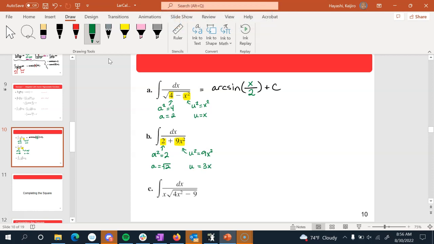Okay, so that's actually kind of important, because u is now no longer just a plain x like it was in the first one, or even the example that I made up prior to this. So u is 3x. What that means is that du is going to be 3dx. So there might be some very minor u substitution involved here.